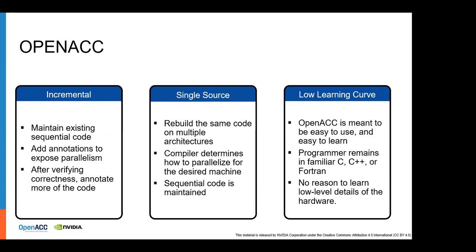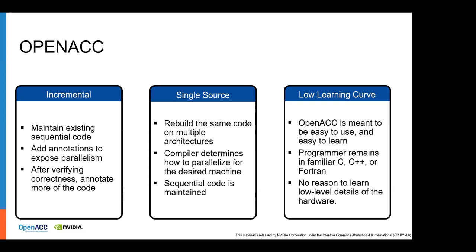One interesting feature is that OpenACC is very easy to use and easy to learn, as you will see today. You are not going away from the C, C++ or Fortran you are using. If you are accustomed to C11 or C++14, or Fortran up to 2003, you will continue to use the same level of language.